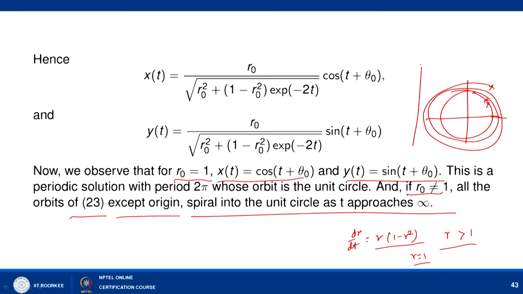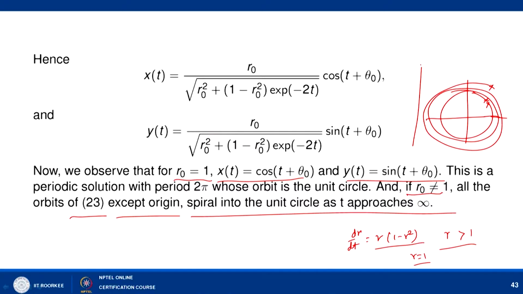So a solution starting somewhere outside the circle will, as t tends to infinity, come near to x square plus y square equal to 1, and as soon as it touches the unit circle, dr by dt is equal to 0.